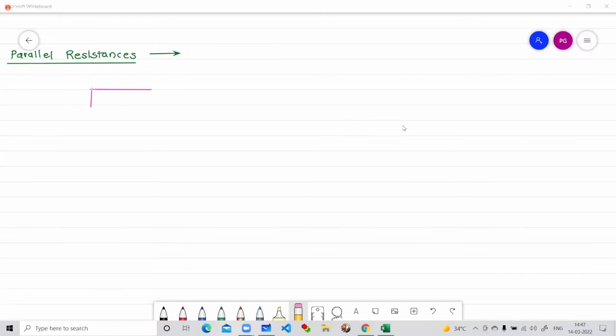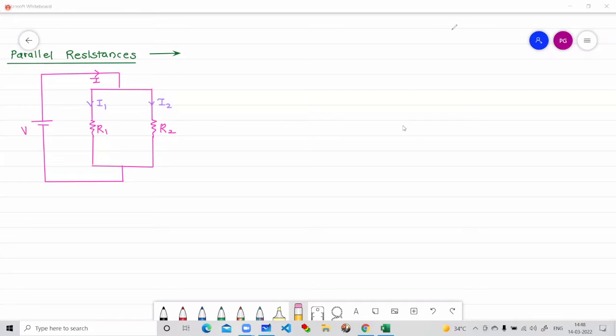So V, I, R1, R2, and let us say I1 and I2. Correct? So the resistances are in parallel.